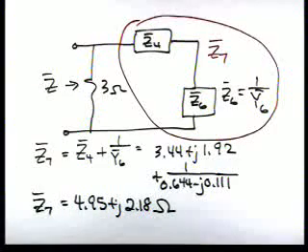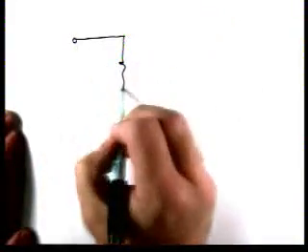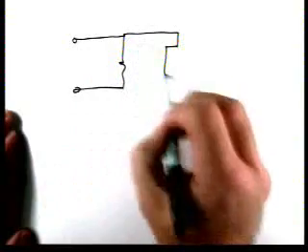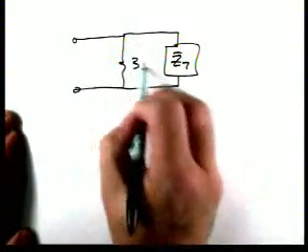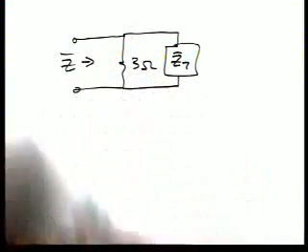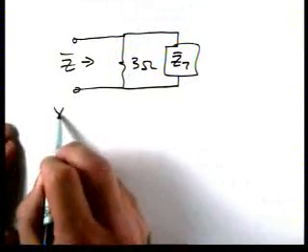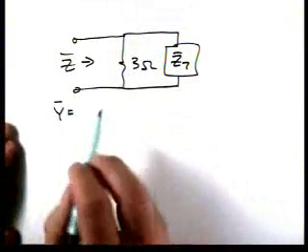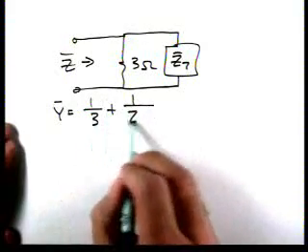Now we can draw our circuit, and we're down to the point that we can calculate Z. So now our circuit is this. So Y, which is the reciprocal of Z, let's calculate Y. We've got two elements in parallel, 1/3 plus 1 over Z7.